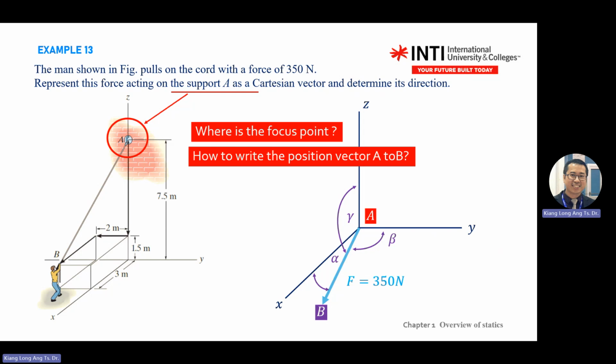So how to write the position vector A to B? You need the diagram. From today, I keep mentioning: when you draw a diagram, what do you need to write on it? Force, and after force, another two things: position vector R and U. What is U?